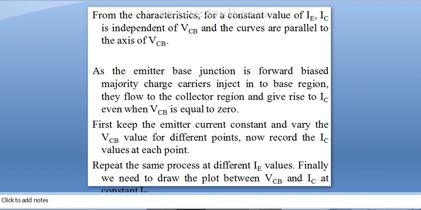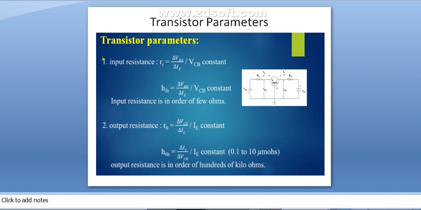First keep the emitter current constant and vary the VCB value for different points and record the IC values at each point. Repeat the same procedure at different IE values. So finally we can get the output characteristics between VCB and IC at constant IE. So this is about output characteristics.